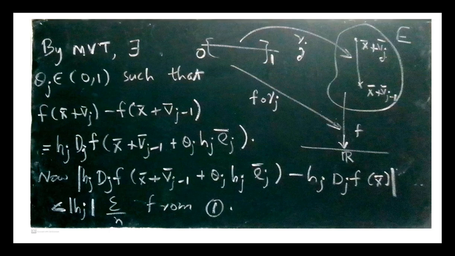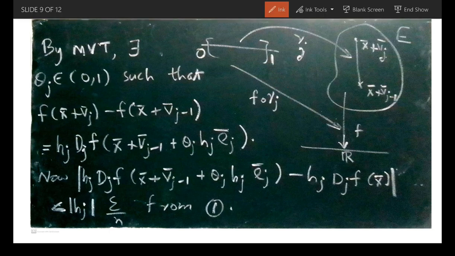Okay. Now you start computing this. Modulus of h_j d_j f at the point x + v_{j-1} + θ_j h_j e_j, that means this quantity, minus h_j d_j f at x. Here is your x.